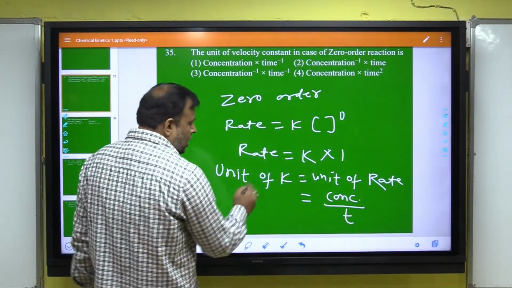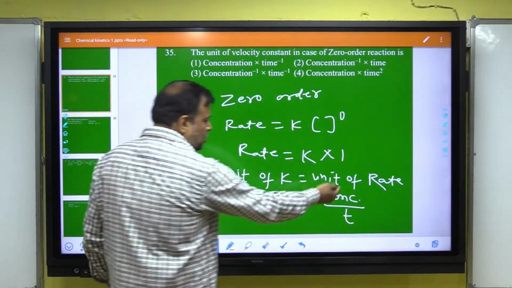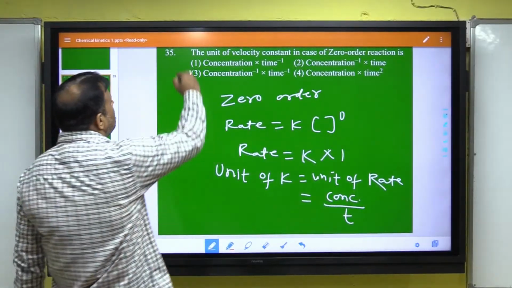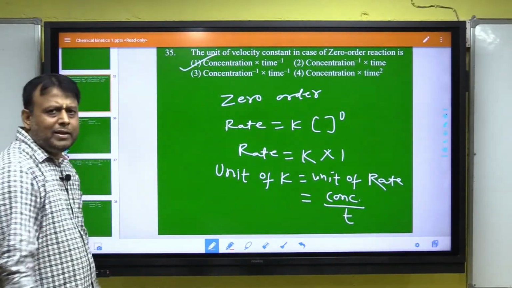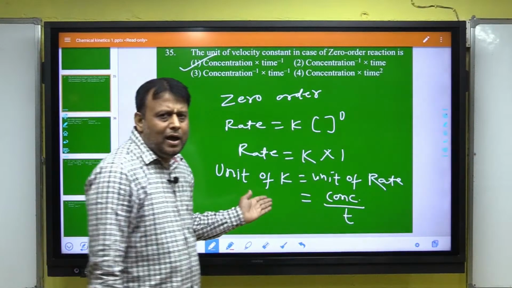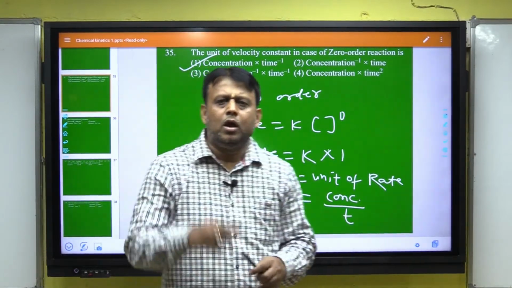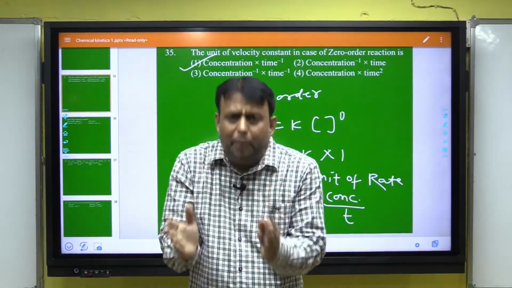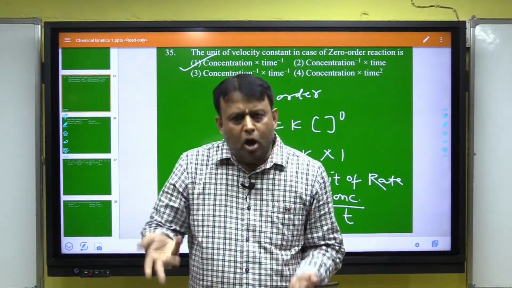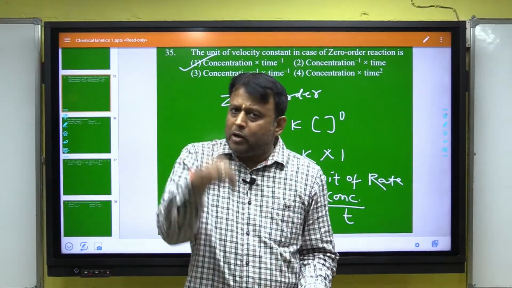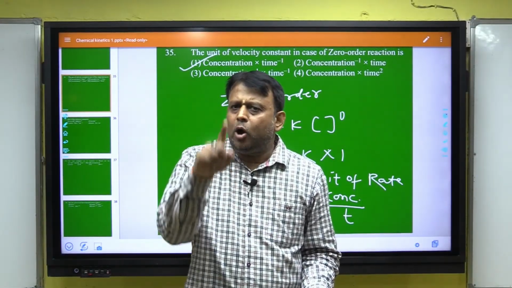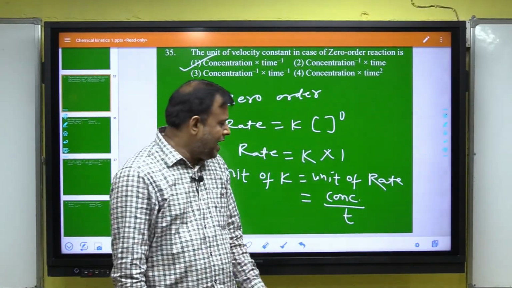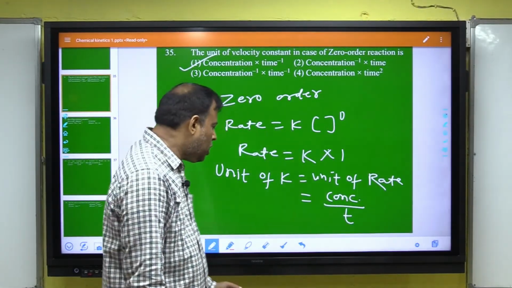Unit of left side equal to right side, conc by time, so conc into time inverse. Very simple. Many times I have discussed unit of K for zero order is mole per liter per time, and mole per liter is conc. Conc into time inverse, only for zero order K. And always keep in mind, in zero order, unit of rate constant and unit of rate of reaction are always equal.